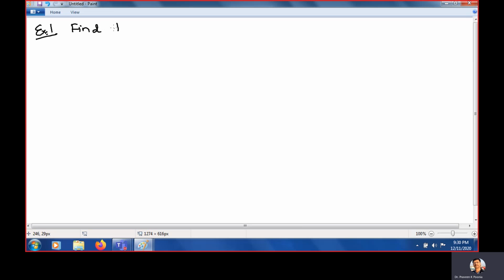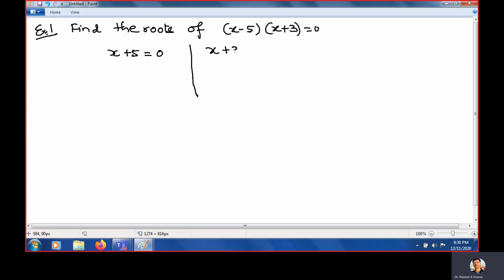Find the roots of, clear, what are the factors? (x - 5)(x + 3) = 0. This is given. Find the roots. If this is given, then how to find the roots? Then I teach you. Please write x - 5 = 0 and here x + 3 = 0. It is x minus 5, not plus 5.